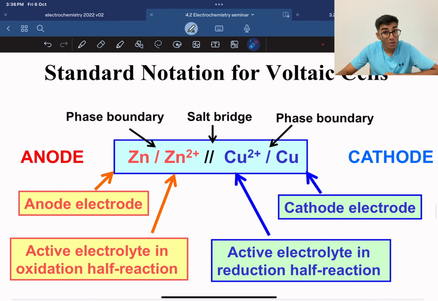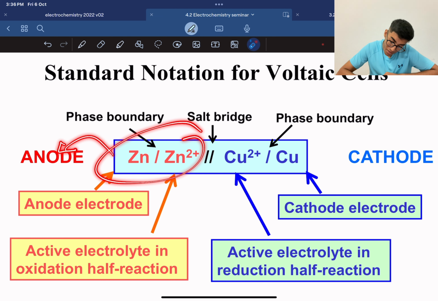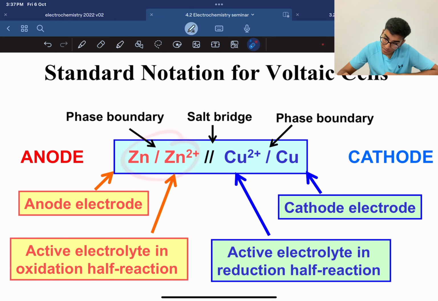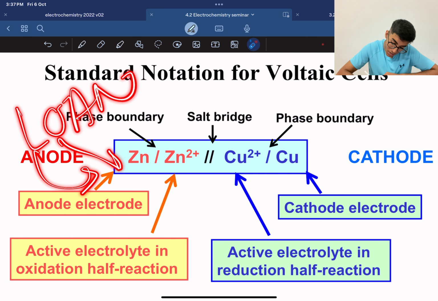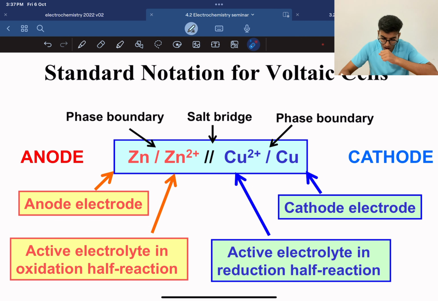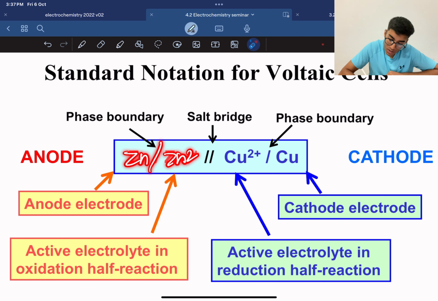Standard notation is what I'm talking about now. See, left is anode, oxidation. Just remember LOAN: left, oxidation, anode, negative. This is how you write it: Zn slash Zn2 plus slash Cu2 plus slash Cu.